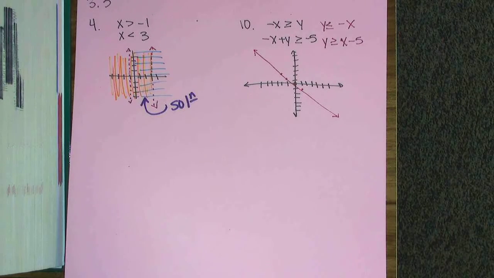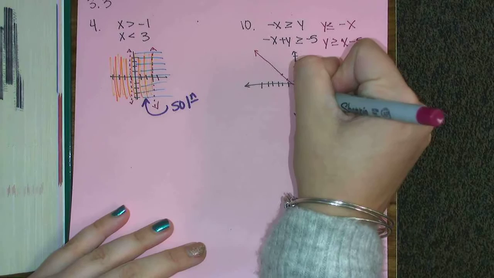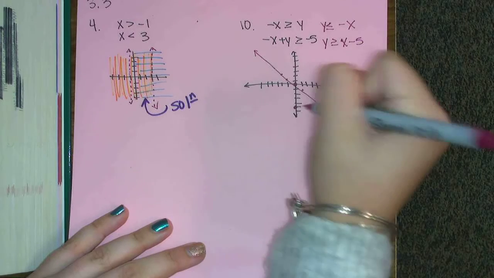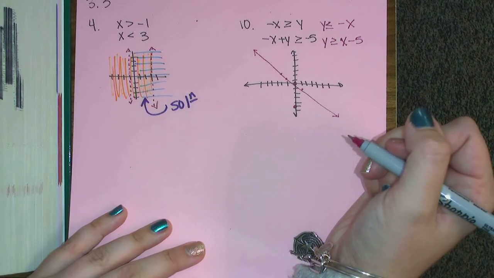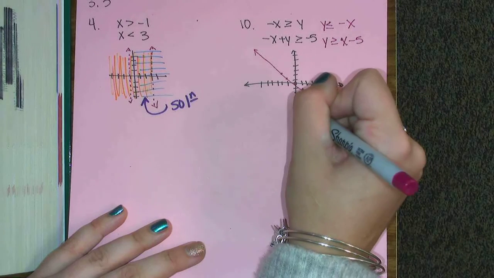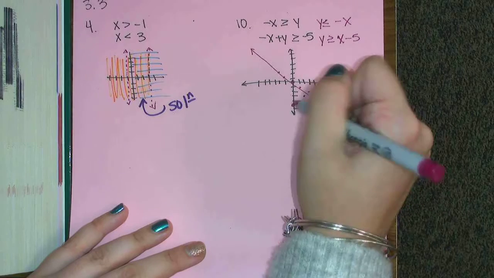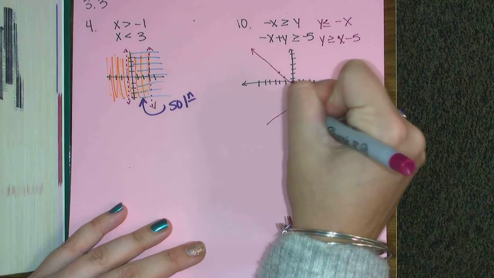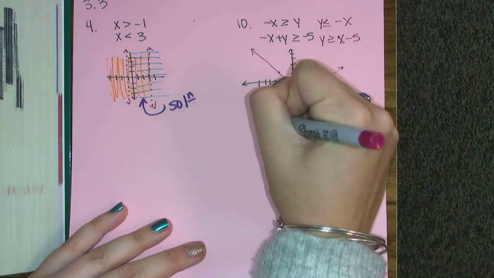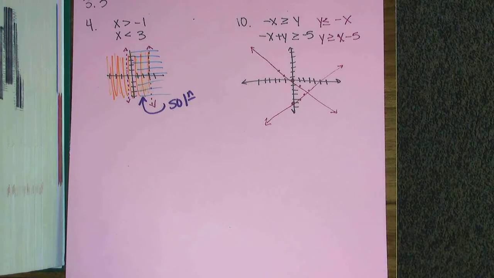Okay, how about the bottom one? Alright, where's the top one shaded?